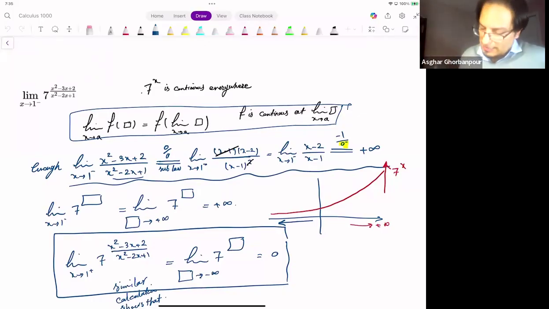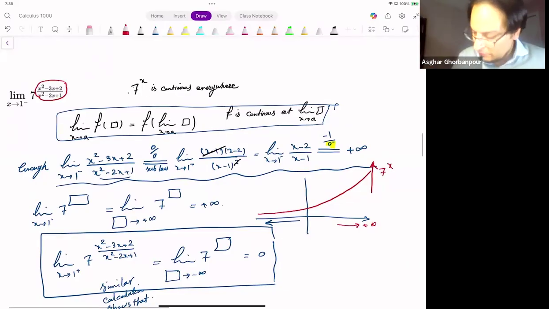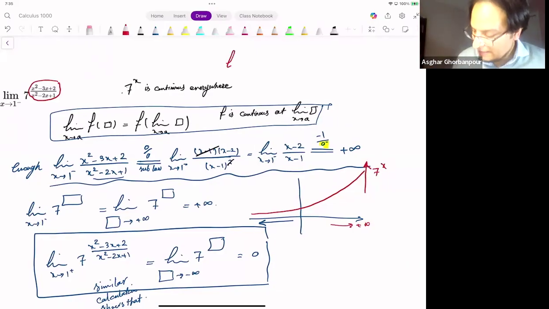Okay, so sorry. I did write this, but I forgot that this limit up here is an infinite limit. What I was trying to say is that if the limit of the function up there was a number as x goes to a, then you can do this.